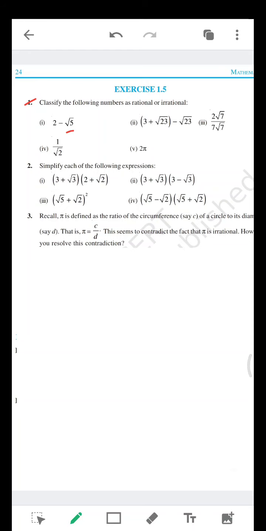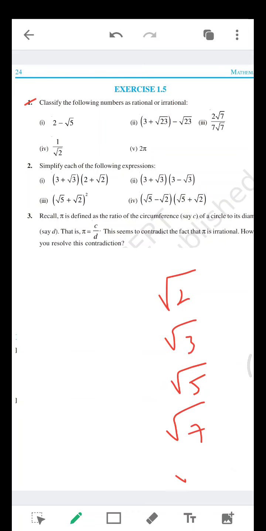So you can find there are numbers in roots in all these, okay, and there is even pi here. Let me recall, I said that all non-perfect square numbers, root 2, root 3, root 5, root 7, root 31, whatever it may be, do they have a perfect square root? No, they have a square root, but it is not perfect.